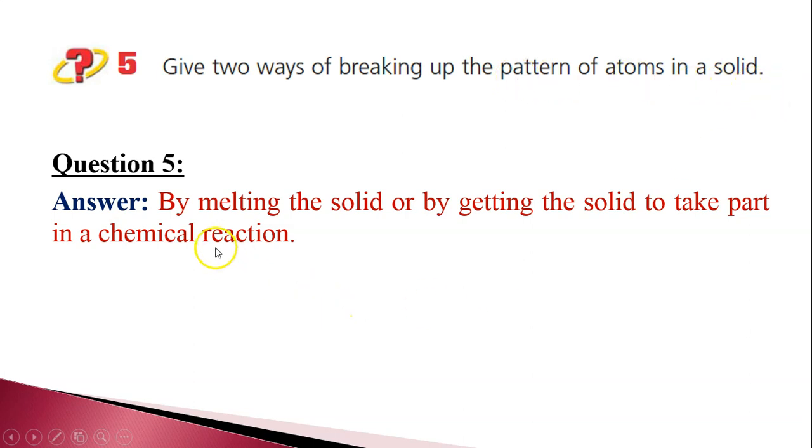We can either do it by melting the solid or by making it react with some other substance, like we did with copper. When you're reacting copper with oxygen, what happened? It gets converted to copper oxide. That is how we can make the new patterns. Okay, by melting the solid or by getting the solid to take part in a chemical reaction.